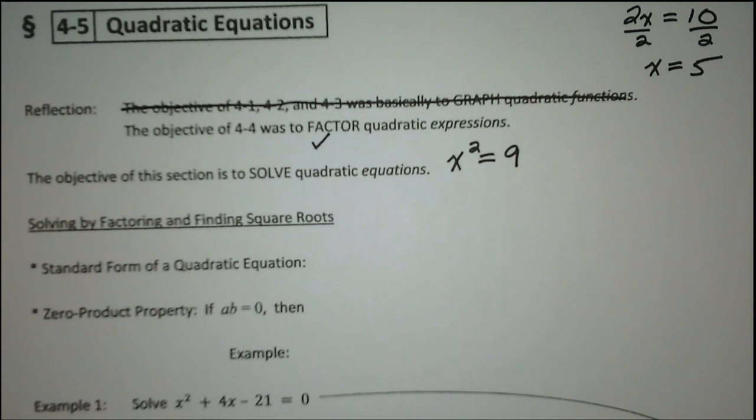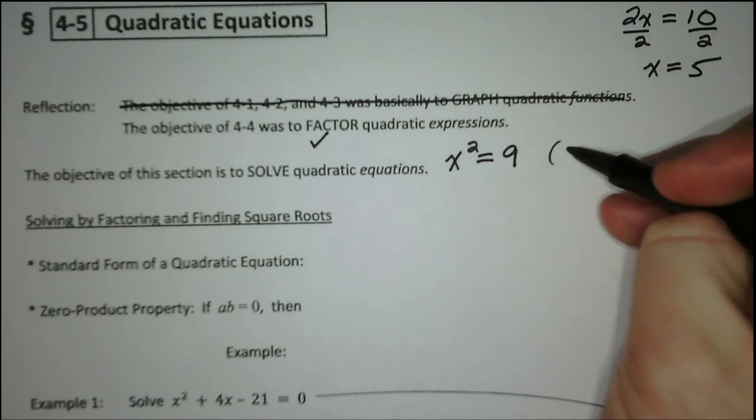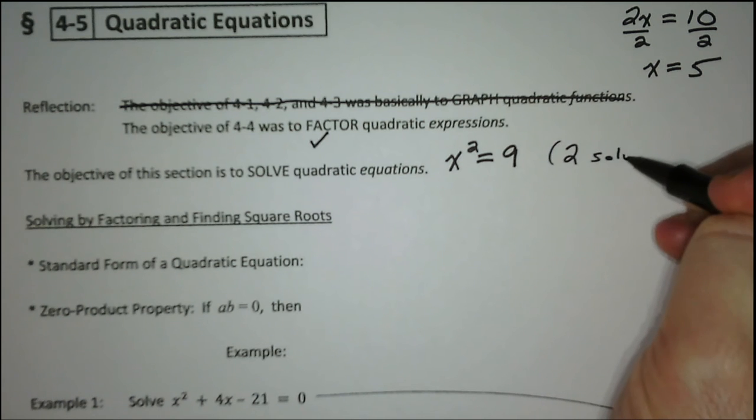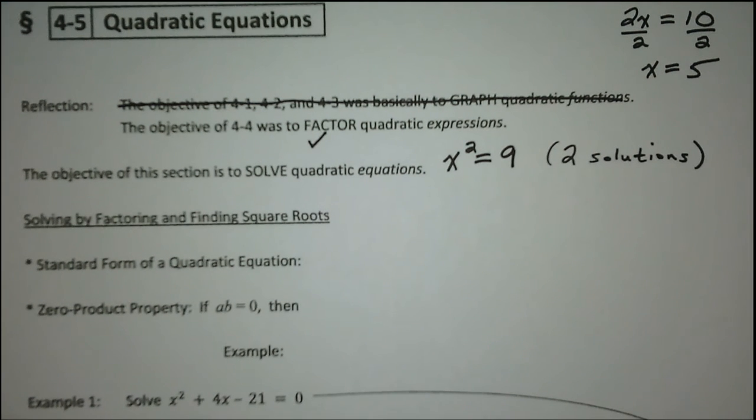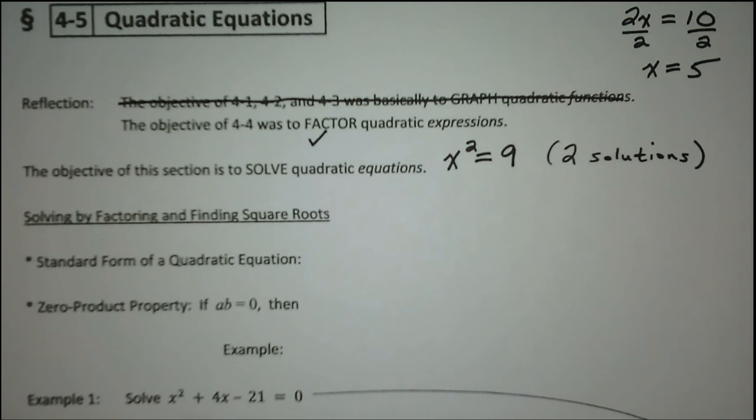But did you also realize that x could also equal -3? And so what that means is that there's 2 solutions rather than just 1. So get used to that. That's an understatement: get used to there being 2 solutions to these.